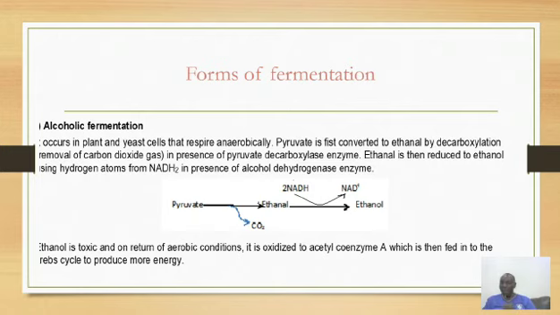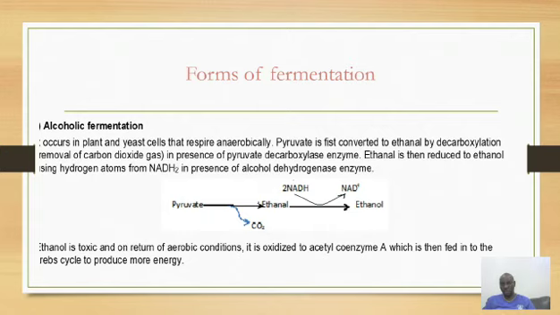However, ethanol is toxic, and when aerobic conditions return, ethanol is oxidized to acetyl coenzyme A, which is fed into the Krebs cycle. So we may get a question asking us, what is the fate of ethanol in plant cells or in yeast cells?